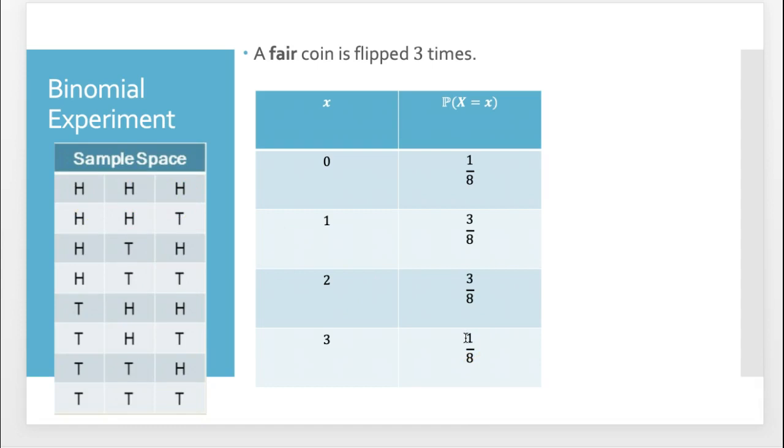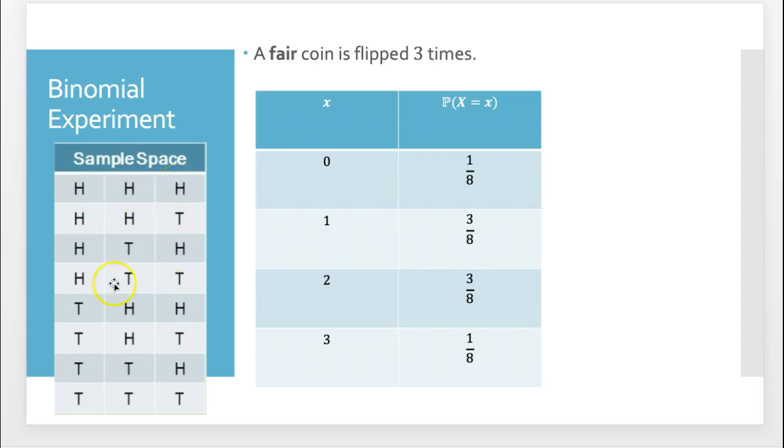All right, so essentially what we're doing here with this 3 over 8 is counting the number of ways in which we can get one head out of 3 coin flips. So this is coin 1, coin 2, coin 3 results. This 1 heads can appear at coin 1, at coin 2, or coin 3.